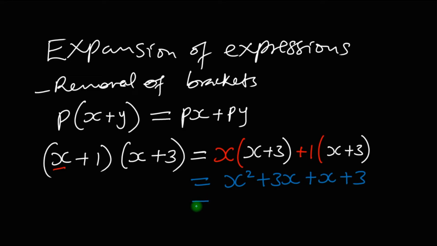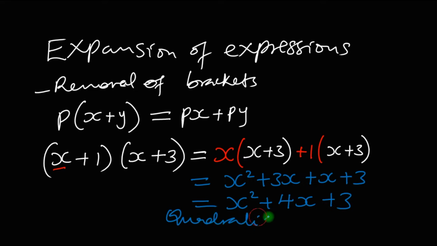We simplify by collecting the like terms, so we get x squared plus 4x plus 3, and that is the expanded form of this expression. So we refer to this as a quadratic expression.